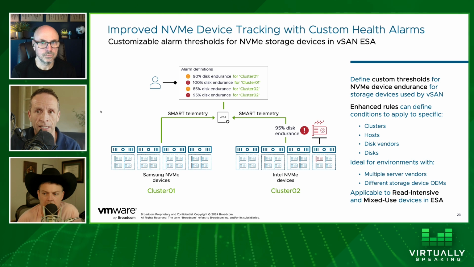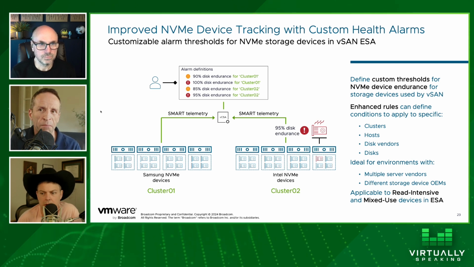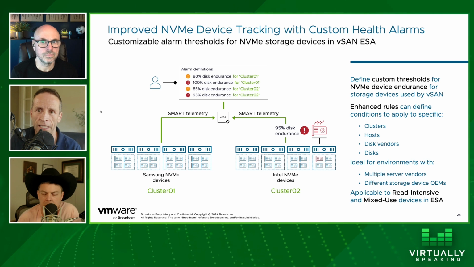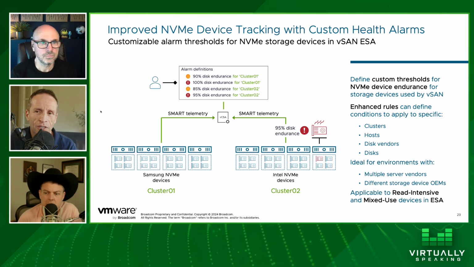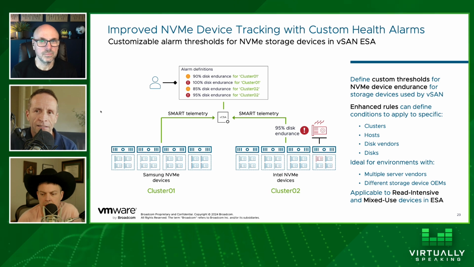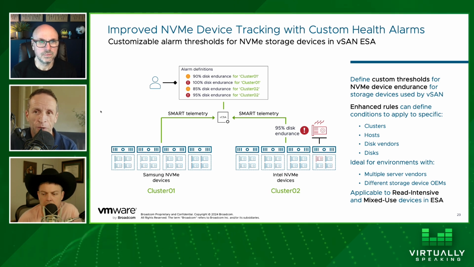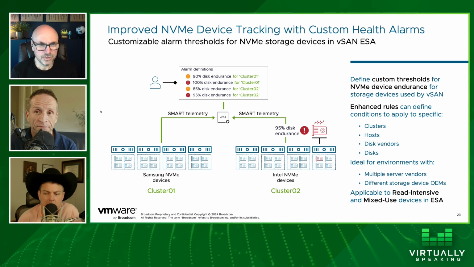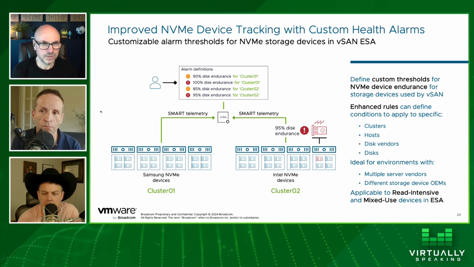That's really a nice thing, especially as you may be mixing in some mixed use storage devices versus some read intensive storage devices and so forth. So this is a nice incremental improvement on something that we introduced just one version ago, but this will make it much more flexible. What kind of variables are you using to define these thresholds?